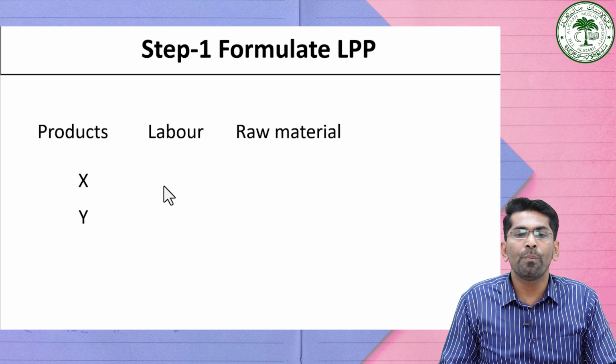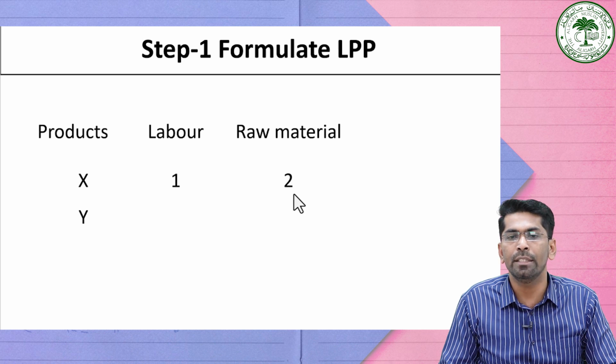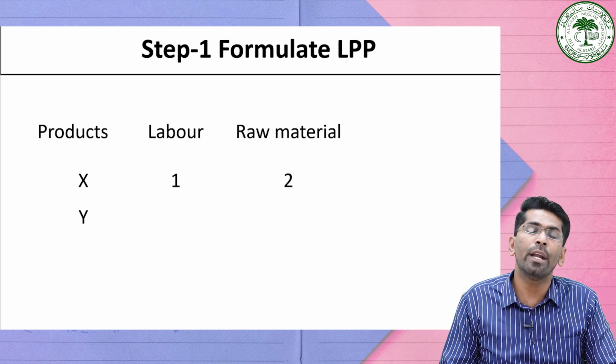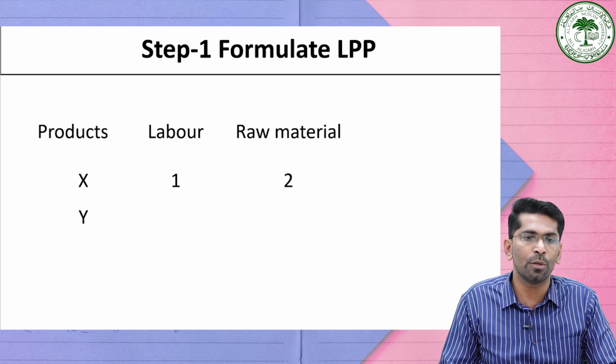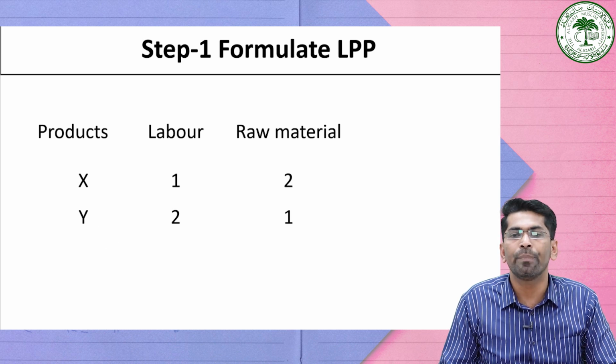For producing the product X, it requires 1 unit of labor and 2 units of raw material. So I am writing here, labor is 1 and raw material is equal to 2. At the same time, producing each unit of commodity Y requires 2 units of labor and 1 unit of raw material as well. So I am going to denote here 2 units of labor and 1 unit of raw material, which are required for producing product Y.